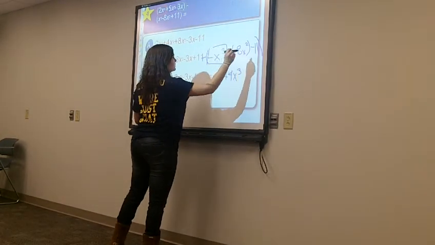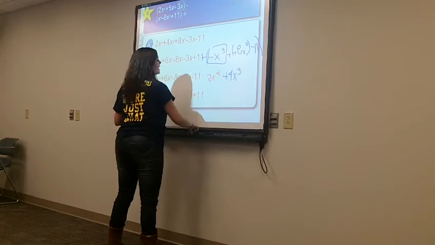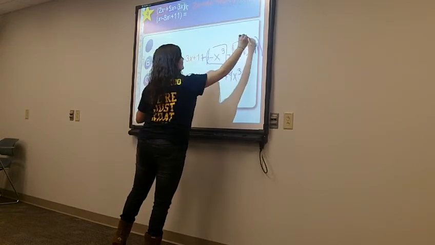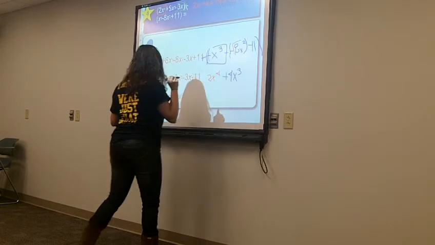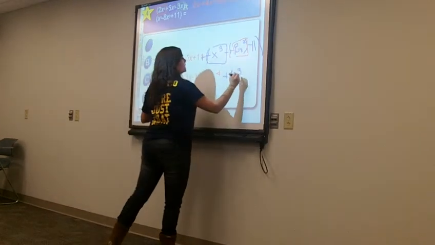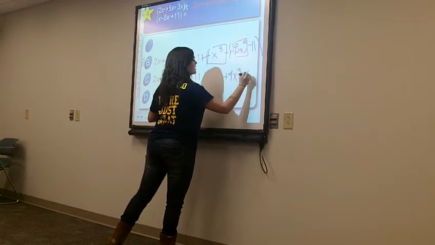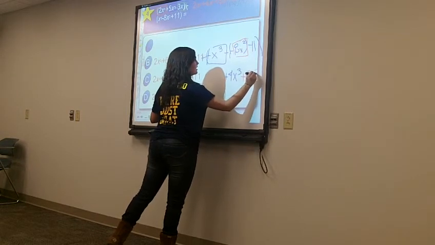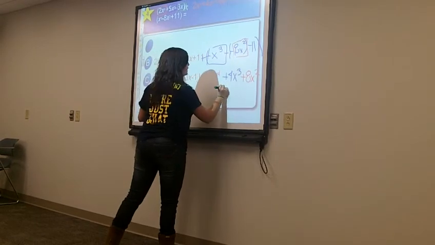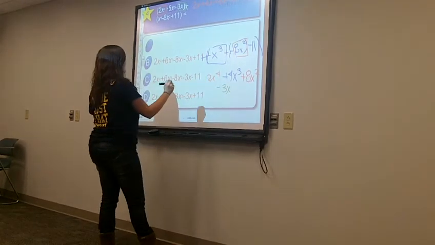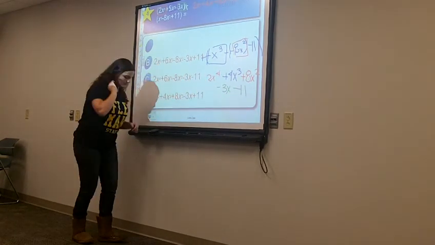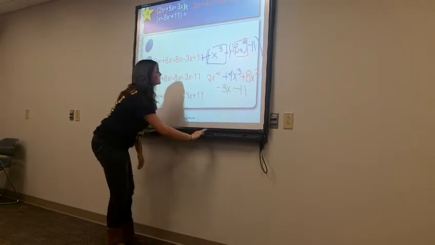Oh, and we don't have an x there. But we have an x cubed in this statement. So we get plus 8x squared. And then we'll take our x from the original statement, minus 3x. And then we have the minus 11. So we basically just added them together.